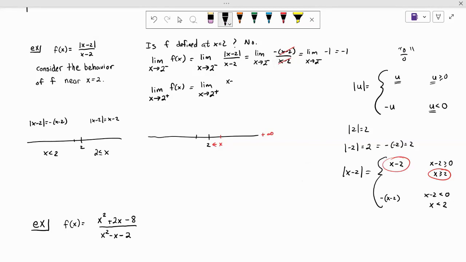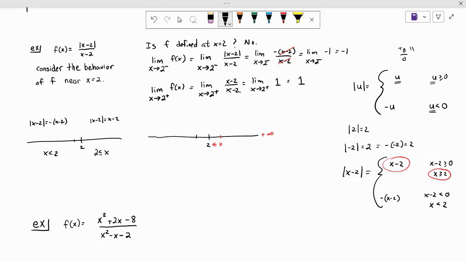So that's where we do our simplification. This reduces to the constant 1, and the limit of a constant is just that constant.